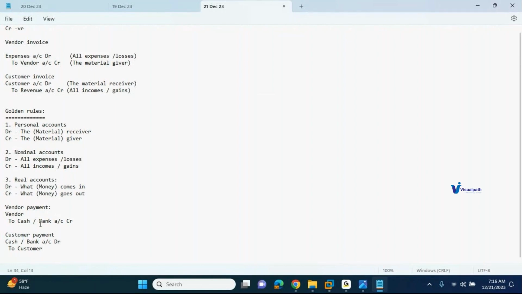Here it is credit, then it will be debit. Here it is debit, then it will be credit. So it is not complex to understand.